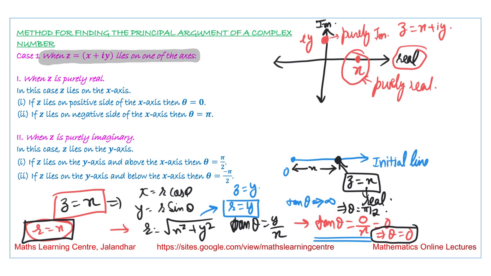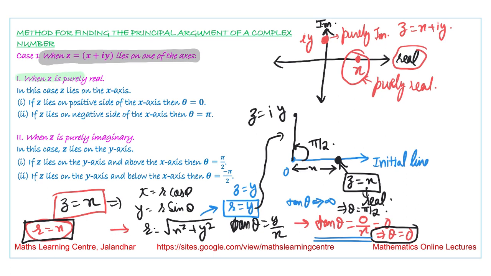With the initial line, we have the angle equal to pi by 2 in the positive direction, and the length of this vector will be equal to y units. So this point is representing z is equal to iota y.